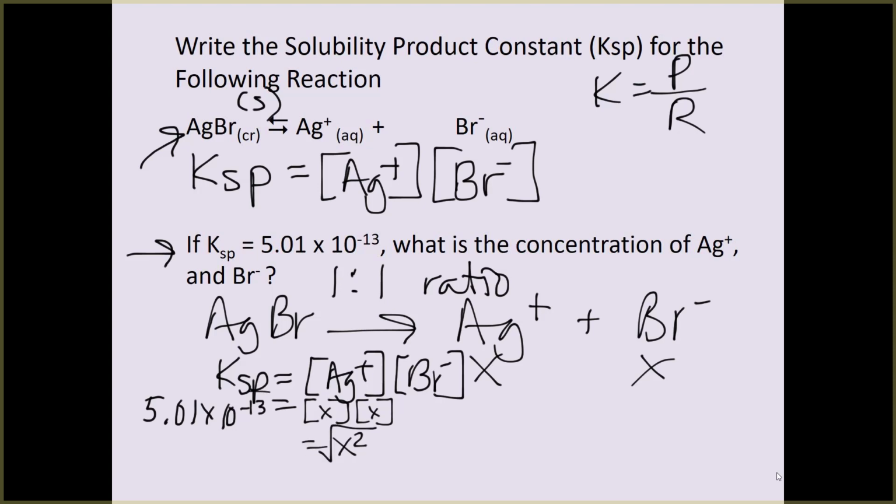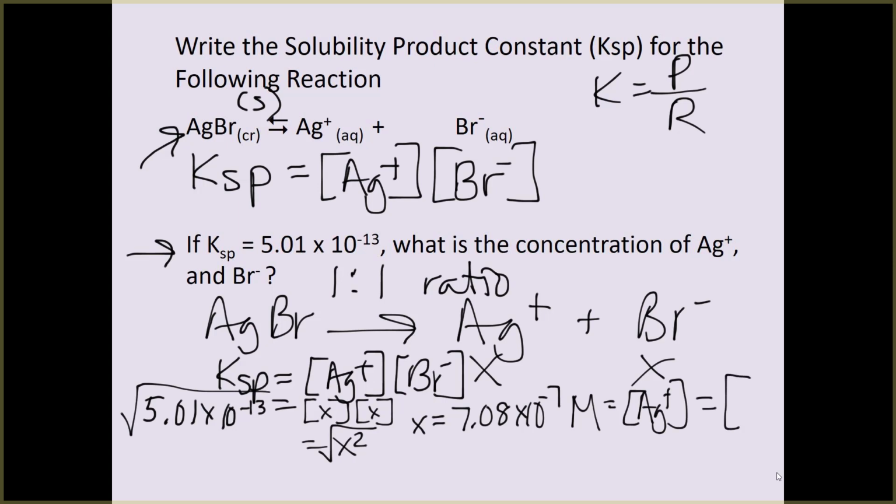So I'm going to square root each side, and I'm going to get x equaling 7.08 times 10 to the negative 7. So this is a concentration, so I would put an M there. And remember, x is equal to the concentration of the silver ion, which is equal to the concentration of the bromide ion. So they're the same concentration.